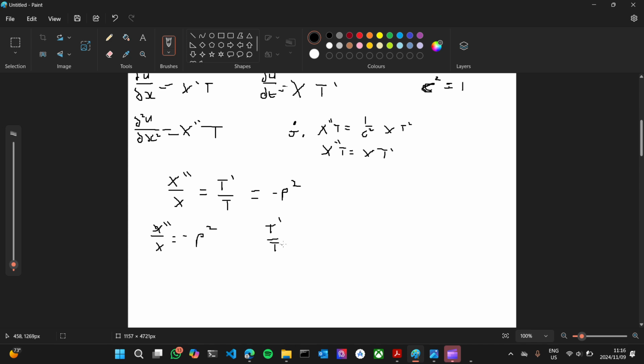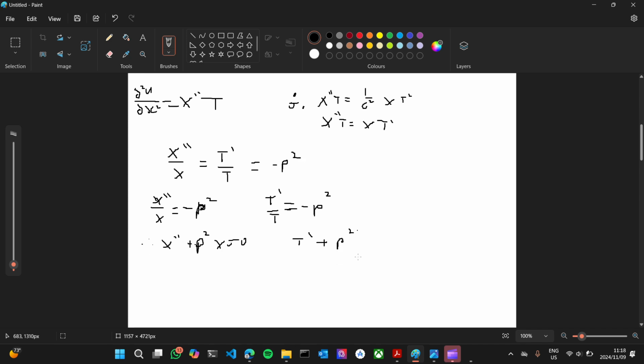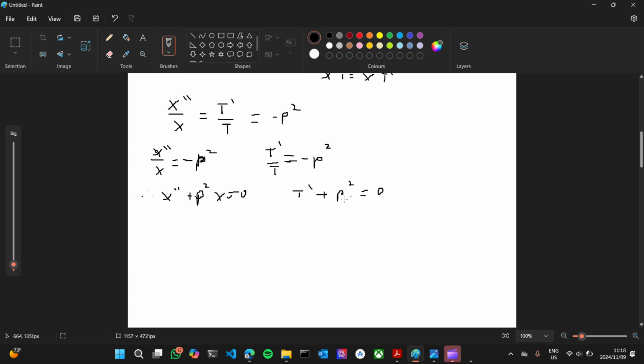Okay, so both of these can then be rearranged to be x double prime plus p squared x is equal to 0, t prime plus p squared t is equal to 0.